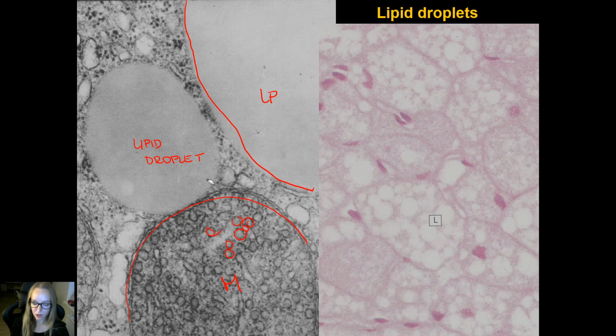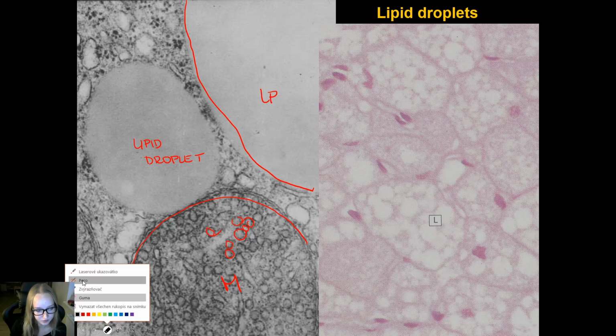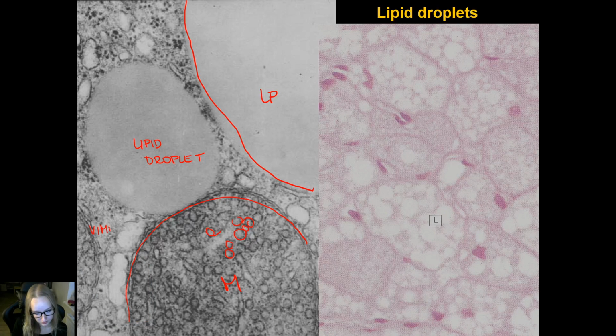Lipid droplets most of the time don't have a membrane, there are just some cytoskeletal proteins around, for example vimentin sometimes. But there's no need for a membrane around the lipid droplets.